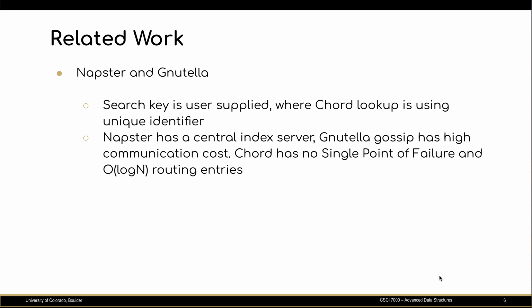other nodes. On the other hand, in Chord, there's no single point of failure like Napster, and there's no heavy communication cost because every node is responsible for keys in a certain range. So any node joining or failure affects only the nodes in that particular region of the cluster and not the entire cluster.